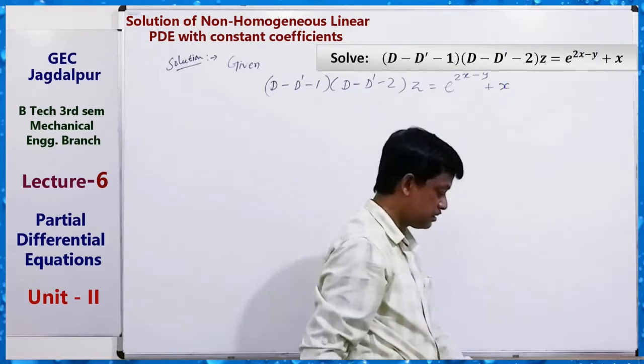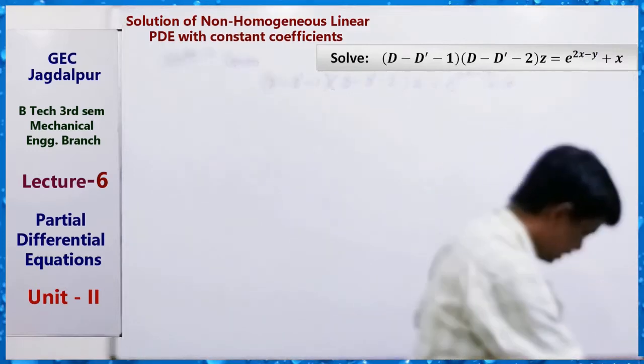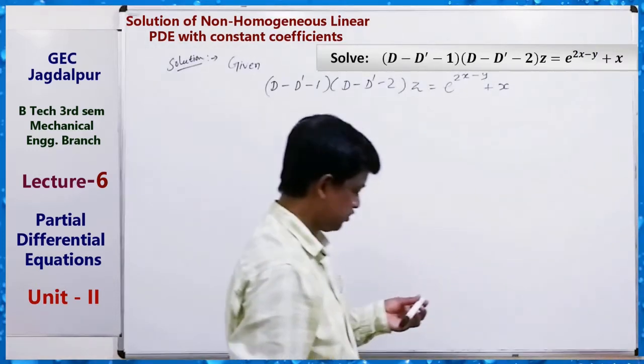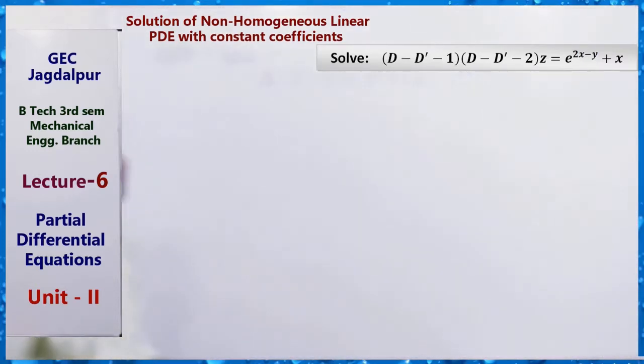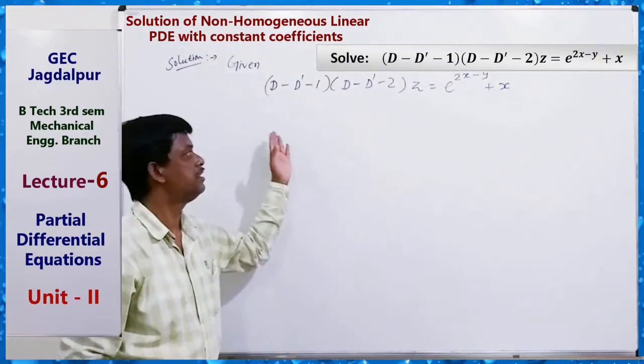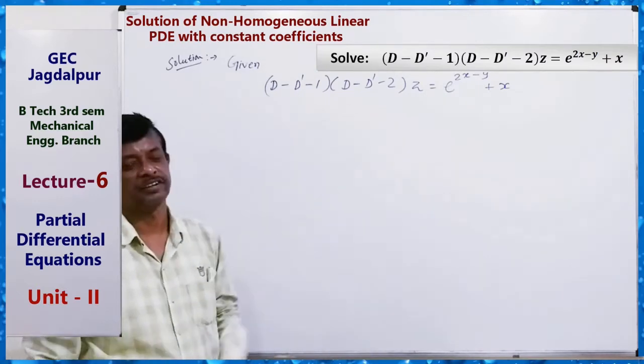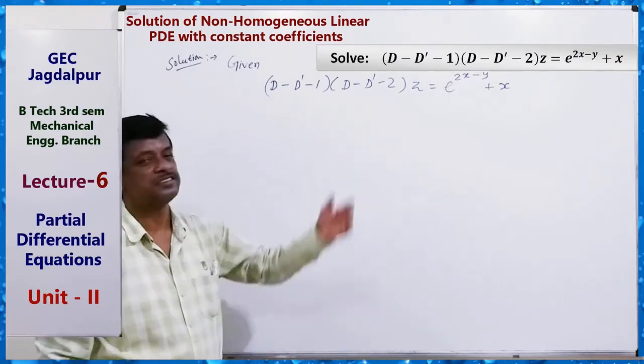So the question is simple because f D D dash is already factorized in linear factors. We can write CF very easily.